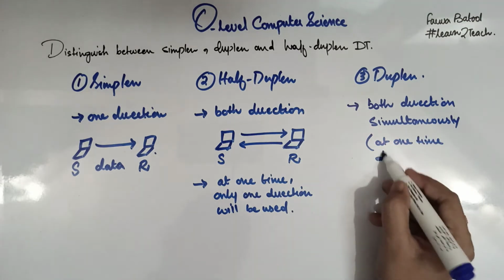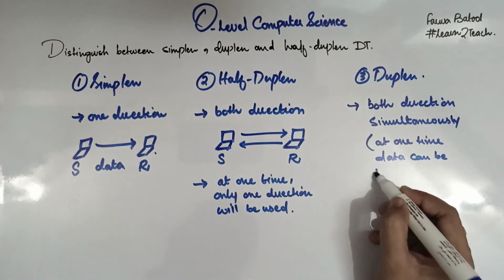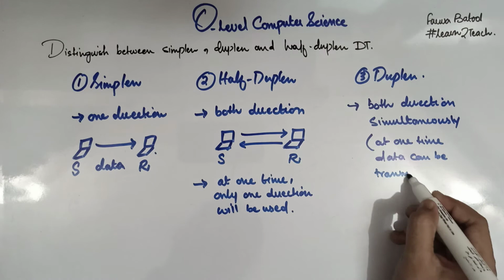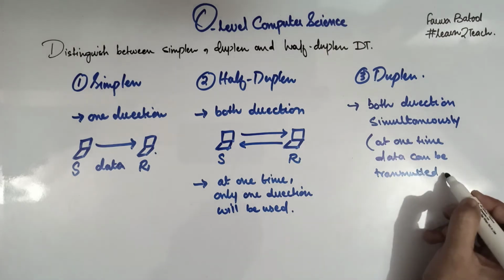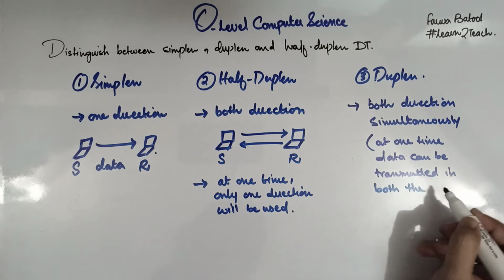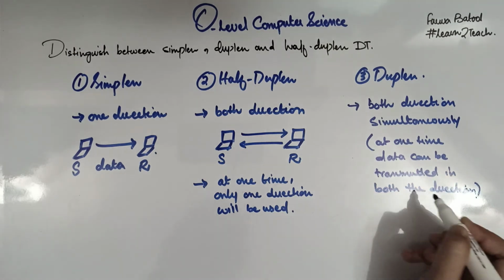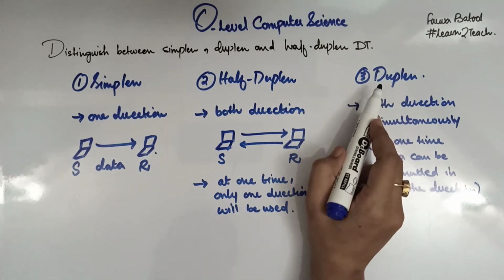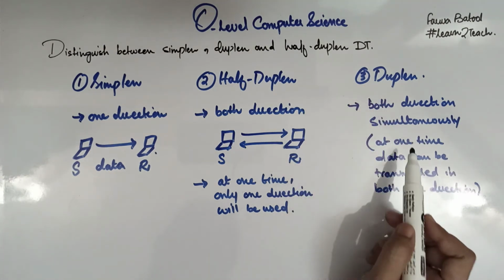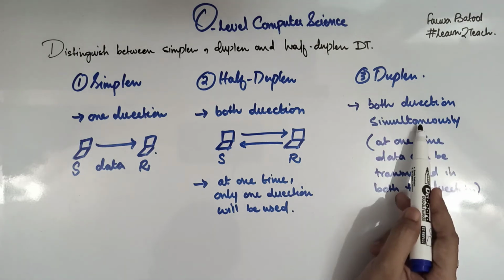At one time, data can be transmitted in both directions. So this is the best thing about duplex data transmission: you can transmit the data in both directions simultaneously.